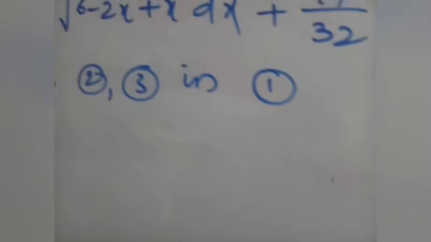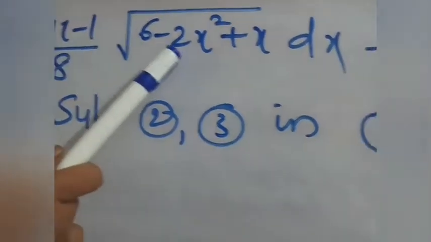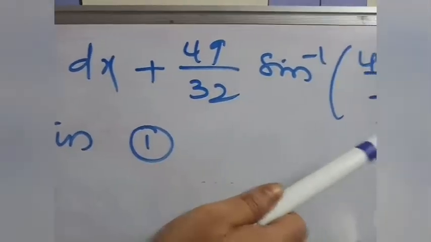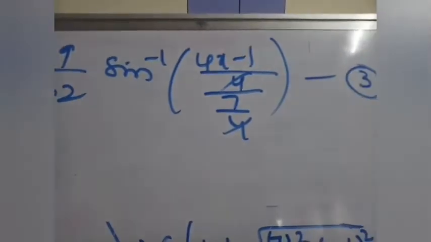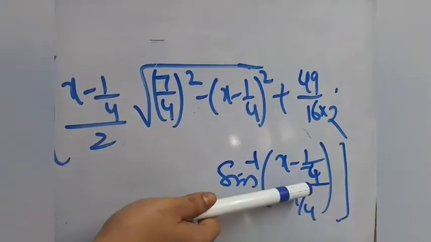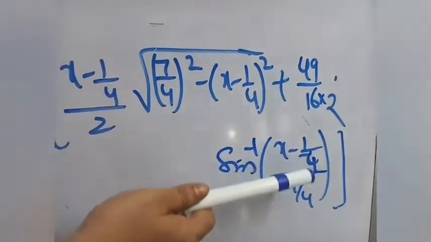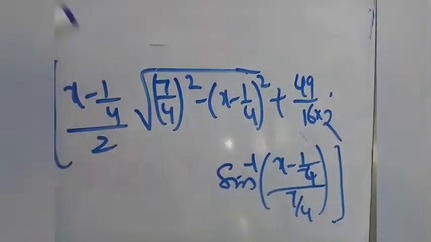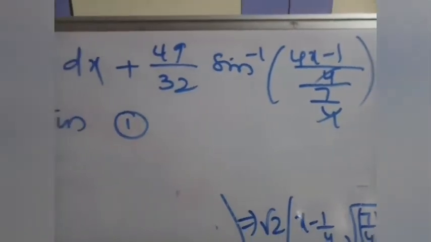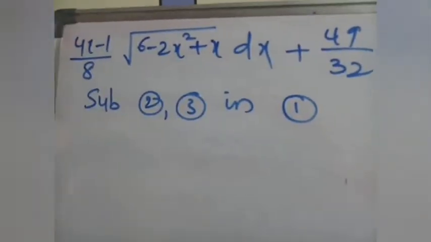So 4x minus 1 by 8, here root of this same term, plus here after simplification you can get this form. That is 49 by 32 into sin inverse of 4x minus 1 by 7 by 4, 4 gets cancelled. So now substitute these two integration values in equation 1.